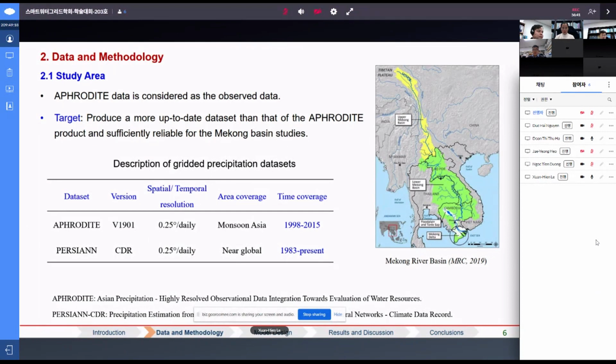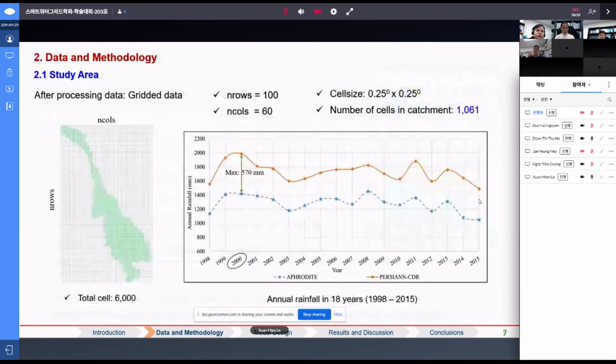And the table on the slide shows some information about the two precipitation data sets, uploaded data, and the PERSIANN-CDR. Both data sets have the same size, the same number of rows and columns, and the cell size is 0.25 degrees, and the number of cells in the catchment is more than 100.